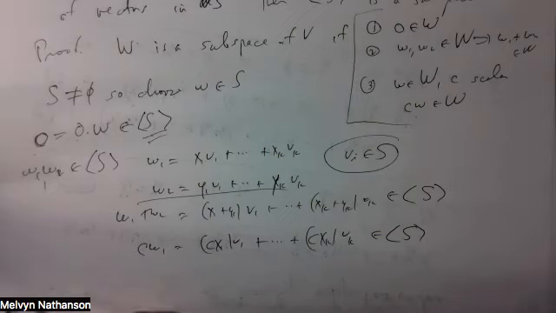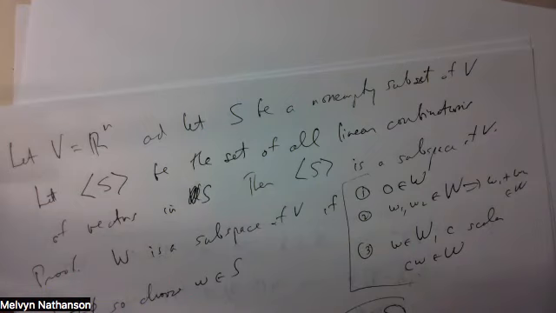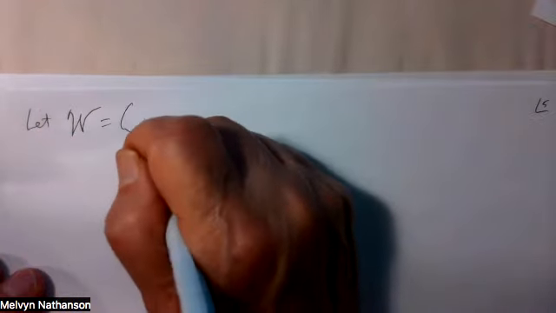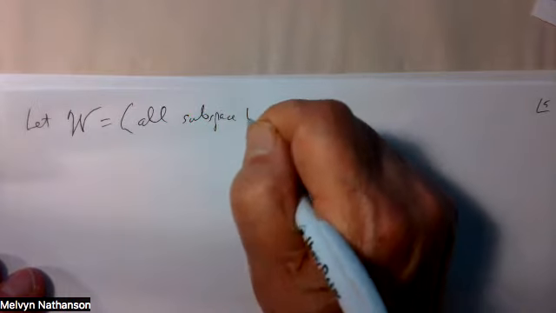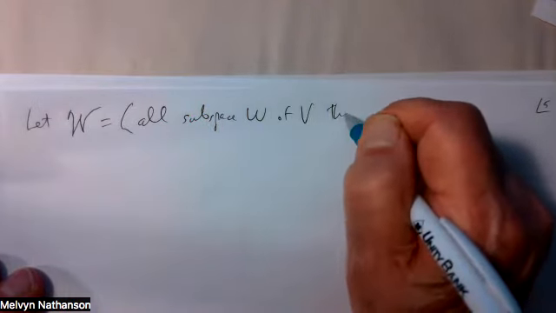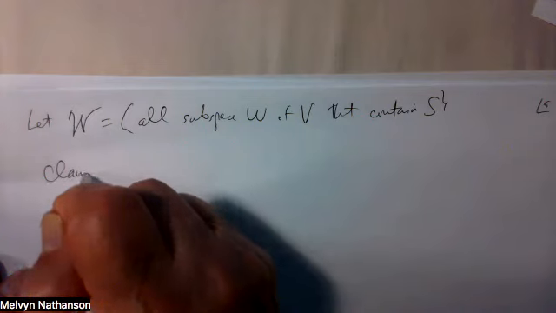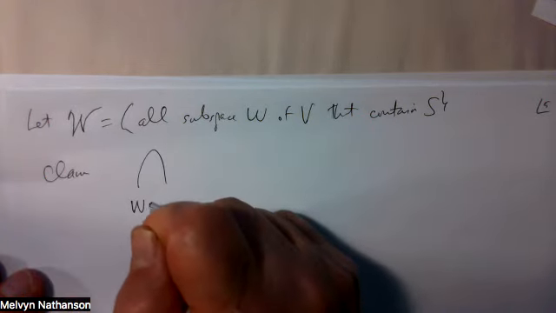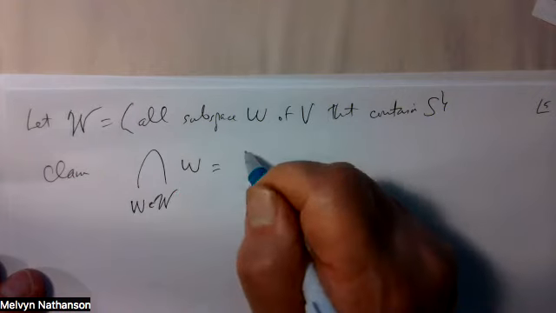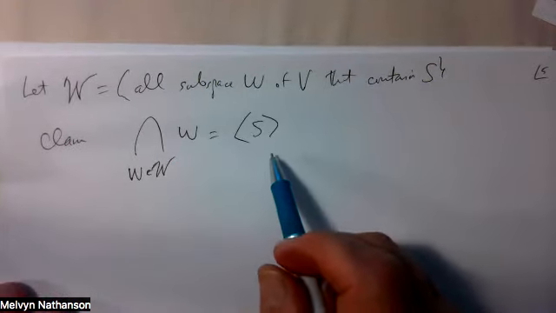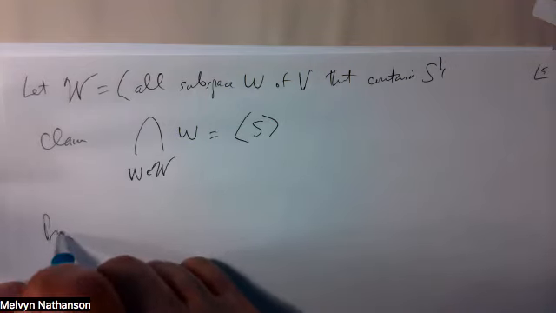And if we let script W be the set of all subspaces W of the vector space V that contain the set S, I claim that if I take the intersection of all these subspaces, I get exactly the subspace generated by S. And the proof goes as follows.